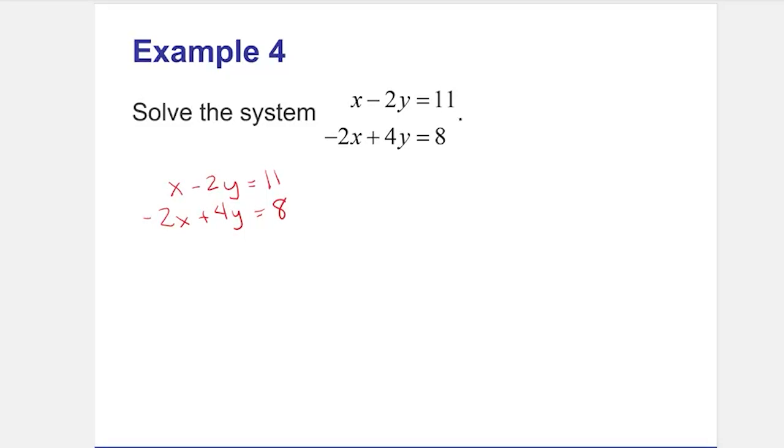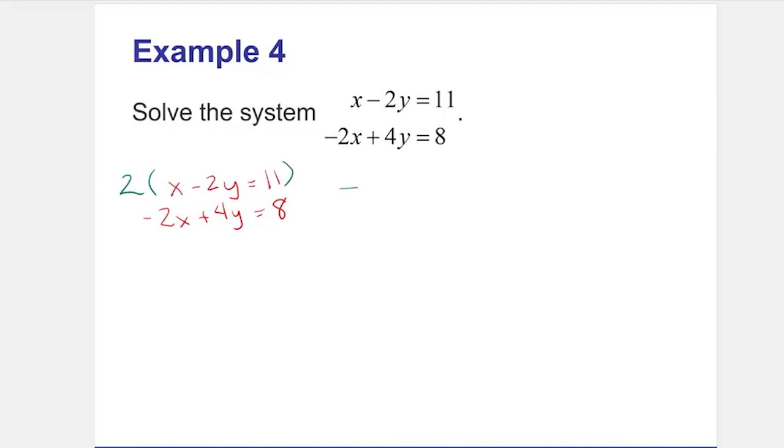Okay, so it just depends on which variable you want to eliminate. I'm going to eliminate x first. I like that because, well, I guess it's pretty much the same, but anything that has a 1 as a coefficient is always going to be easier to eliminate. So what am I going to do? I'm going to multiply everything here by 2.